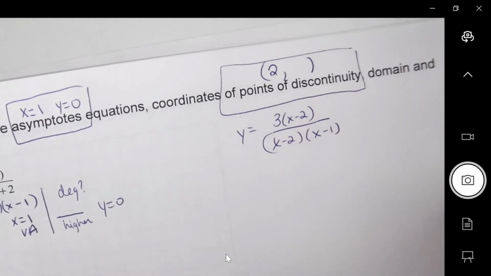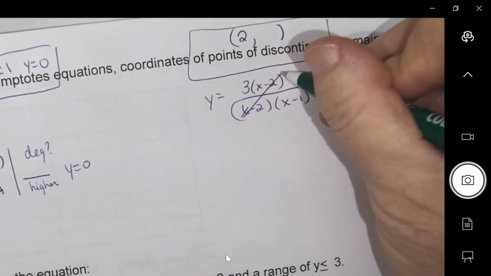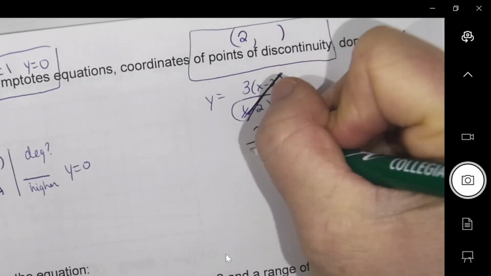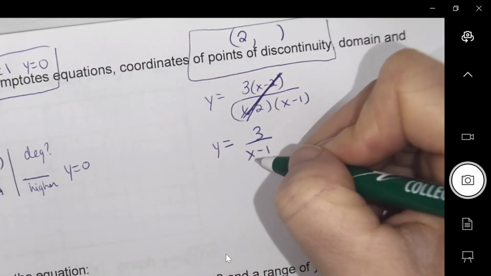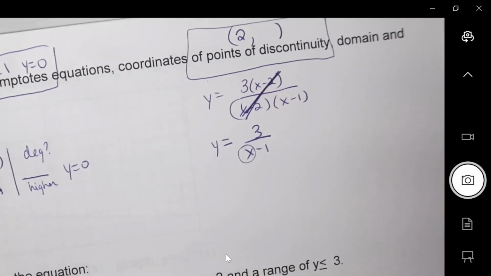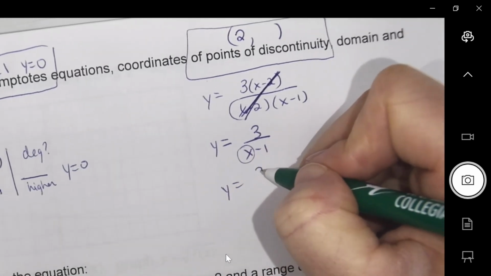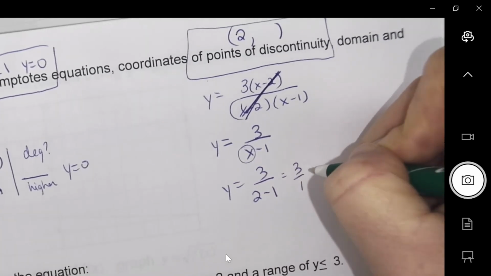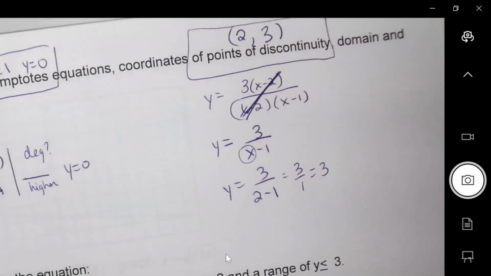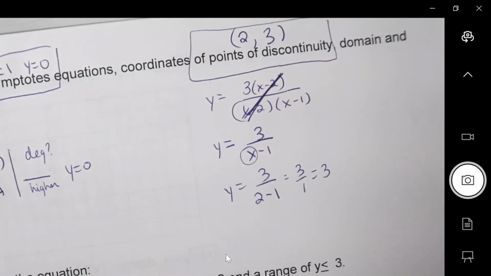Okay, so what I'm going to do is I'm going to cancel that, and I'm going to input a 2 in there. Put it into the canceled equation, because obviously if you put it into the original, then there will end up being a divide by 0.